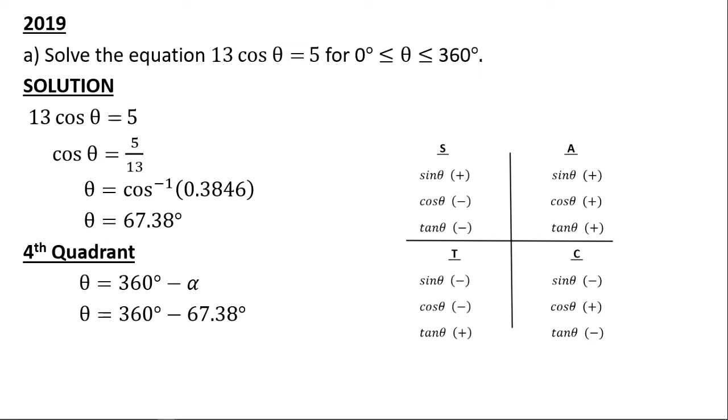Theta equals 360 degrees minus 67.38 degrees. Our theta will be equal to 292.62 degrees. Therefore, theta equals 67.38 degrees and theta equals 292.62 degrees.